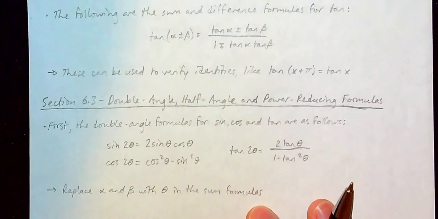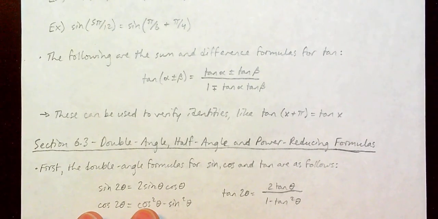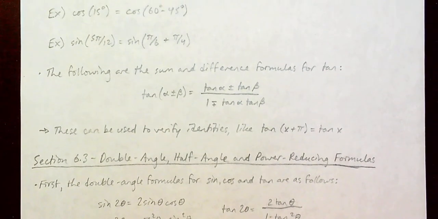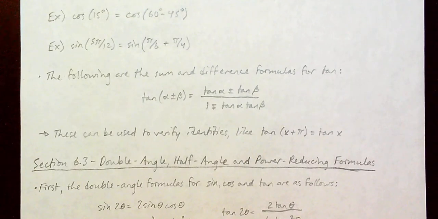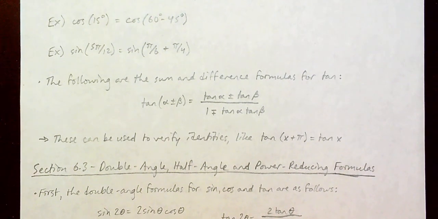Here are the difference and sum formulas for tangent. Tangent of alpha plus or minus beta equals tangent of alpha plus or minus tangent of beta, all divided by 1 minus or plus tan of alpha times tan of beta. So, very important to note what sign you're using where.